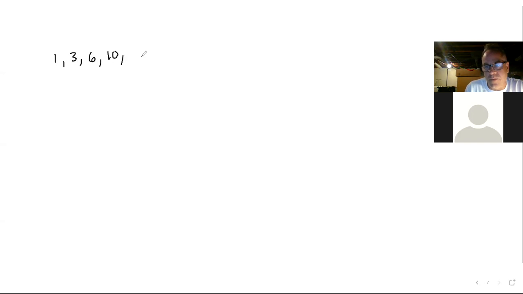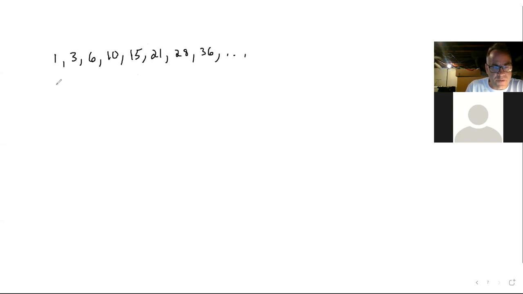The fifth term would be 1 plus 2 plus 3 plus 4 plus 5, and then plus 6, and then plus 7, and then plus 8, etc. And again, these were my triangular numbers.